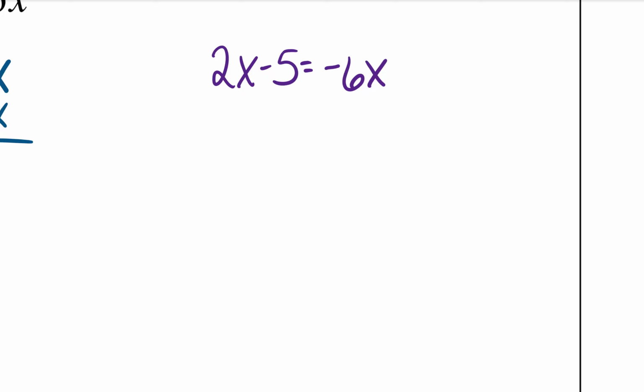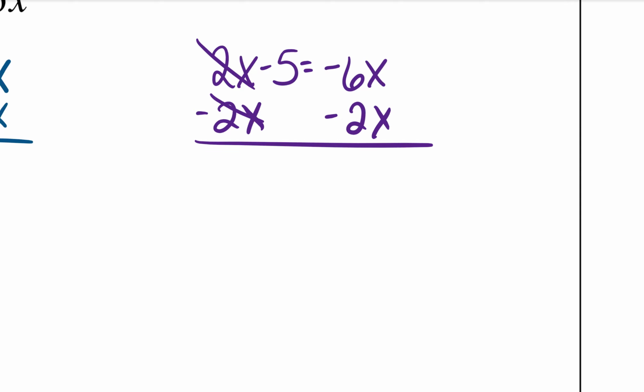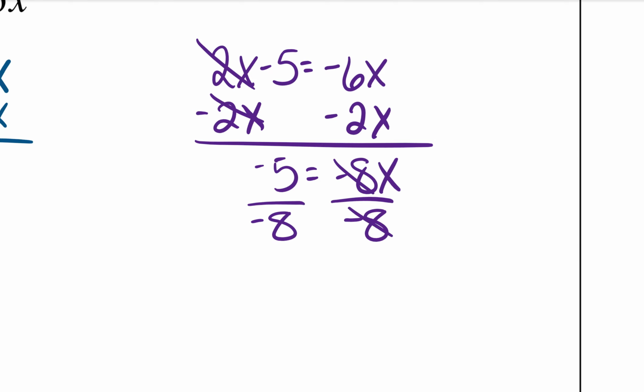I'm still going to move 2x, even though it's not smaller. I don't want to move the smaller x, the 2x, to the other side, and then have to move the 5, and then go from there. So if you only have one x on one side, go ahead and just move it there. Even though it's negative, that still saves you time. So then I divide by negative 8, and I have positive 5/8 equals x.